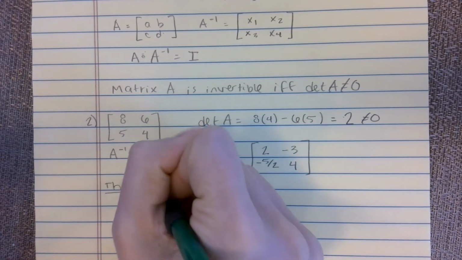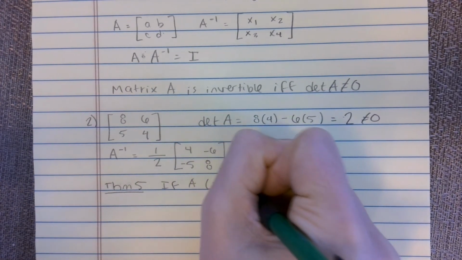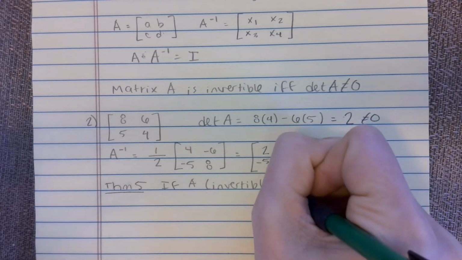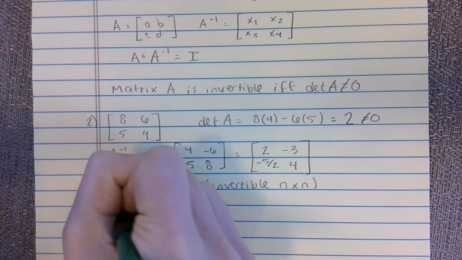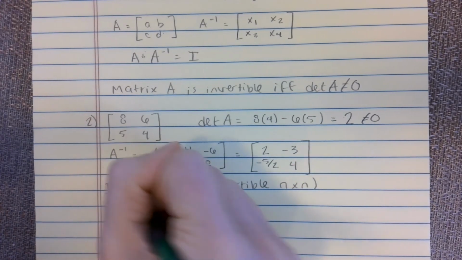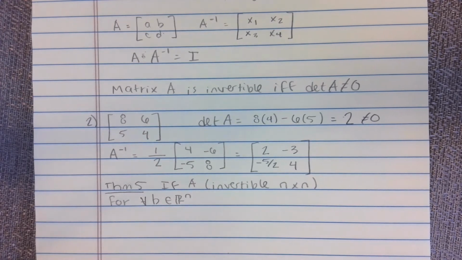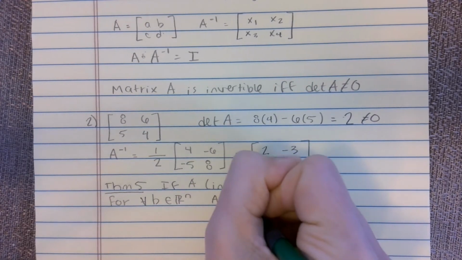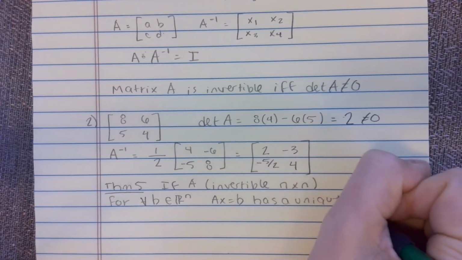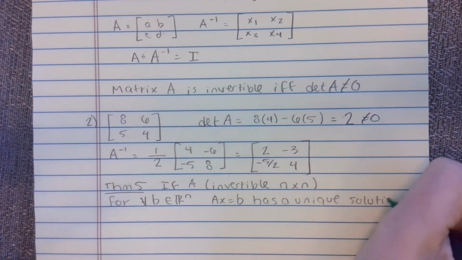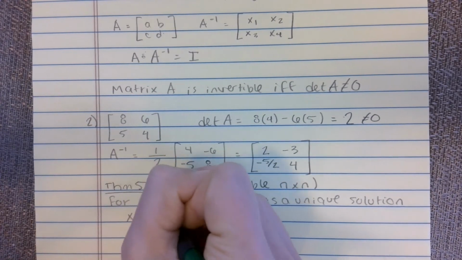If A is invertible and n by n, then for all B in Rn, the equation AX equals B has a unique solution. And that solution is X equals A inverse times B.